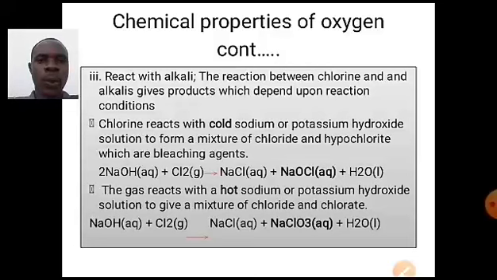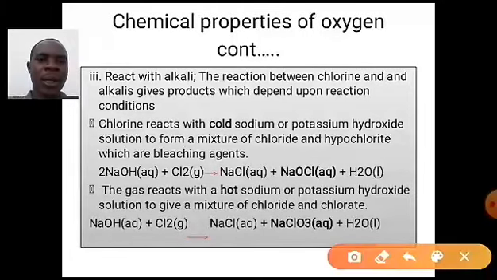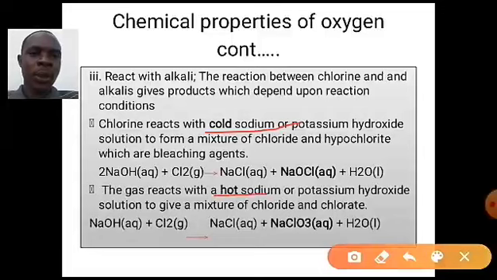For example, chlorine reacting with cold sodium or potassium hydroxide gives different products from when it reacts with hot. So the reaction depends on whether the condition is hot or cold.